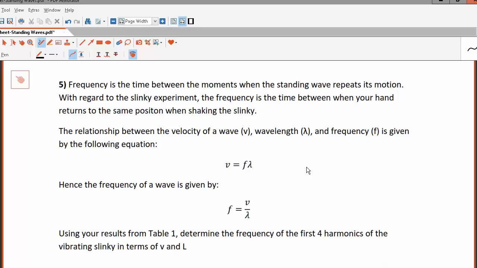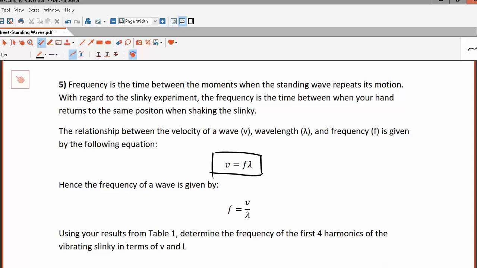Now this is the classic equation relating the frequency of a wave, given by the symbol f, multiplied by lambda, which is the wavelength, will equal the velocity of the wave. When we do the experiment by seeing how a pulse travels down the slinky and reflects from the other end, if we'd measured the distance divided by the time taken, we would have got the velocity of the wave.